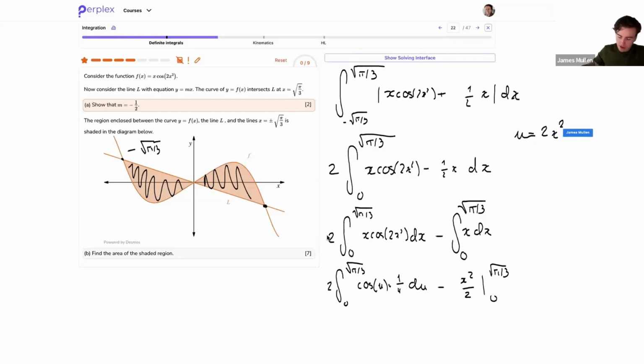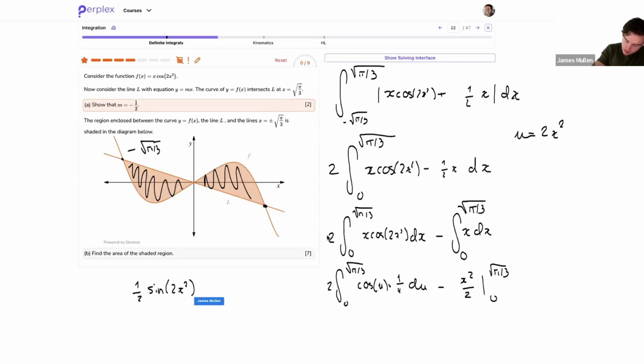Now I'm going to have basically 1/2 of the integral of cos of u, if I factor out the 1 over 4. And the integral of cos of u is sine of u. So I'd simply have half sine of u, which is sine of 2x squared.